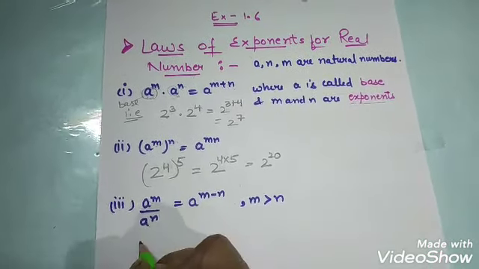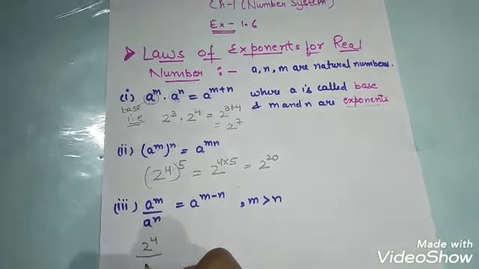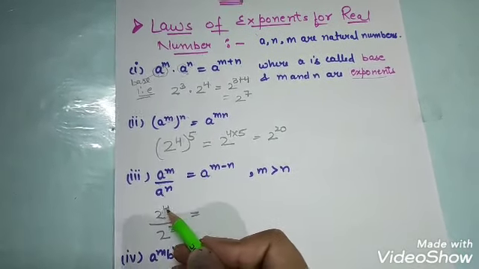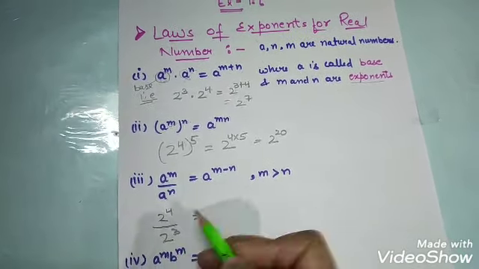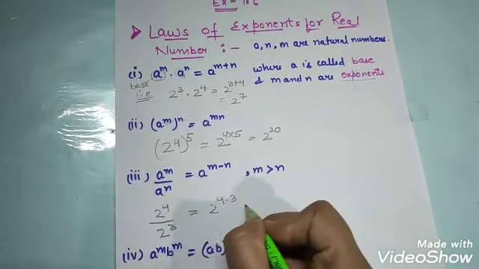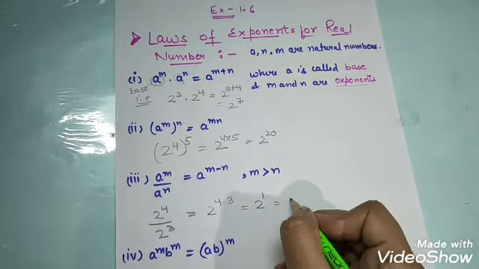For example, 2 to the power 4 divided by 2 to the power 3. Here the power 4 is greater than 3, so it becomes 2 to the power 4 minus 3, which is 1, and 2 to the power 1 becomes 2.